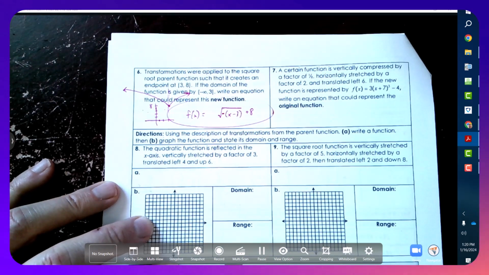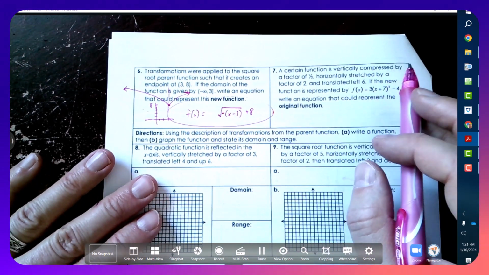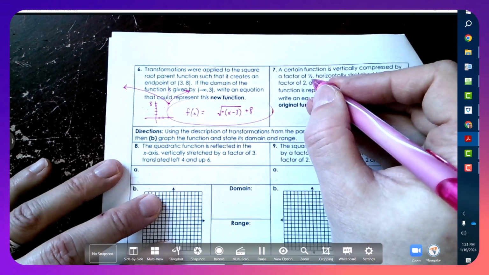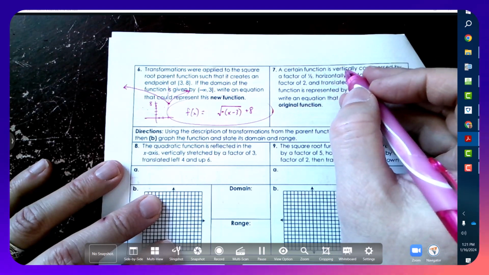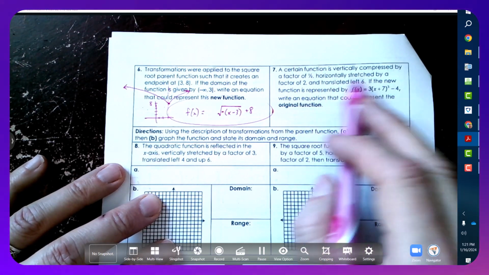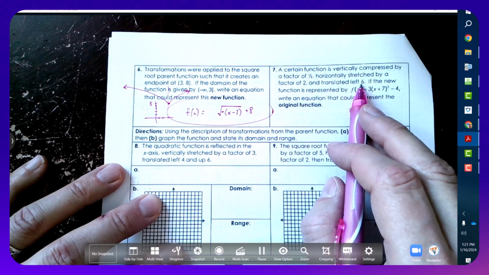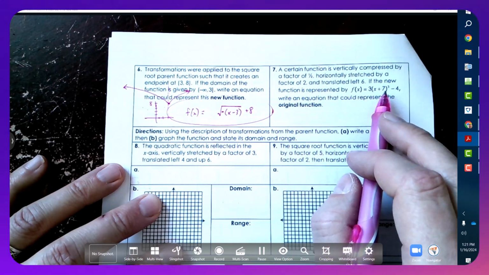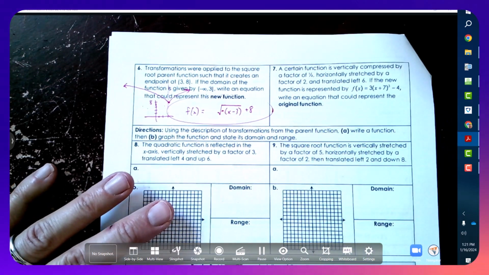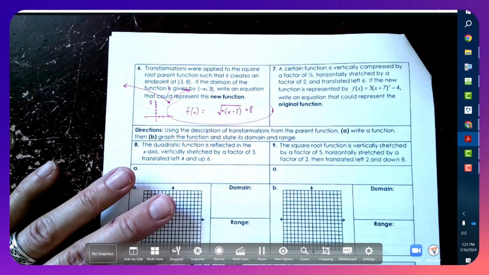Next: a certain function is vertically compressed by a factor of 1/2. So vertical compression means that we will have 1/2. We're not going to flip it like we do with horizontal situations. But it's also horizontally stretched by a factor of 2 and then translated left 6. If the new function is here, write the equation that could represent the original function. Okay, this is crazy.